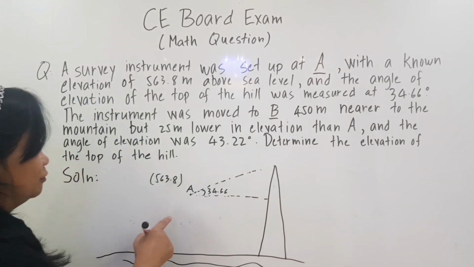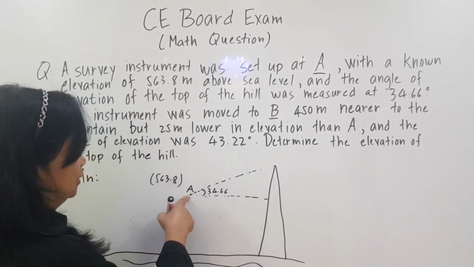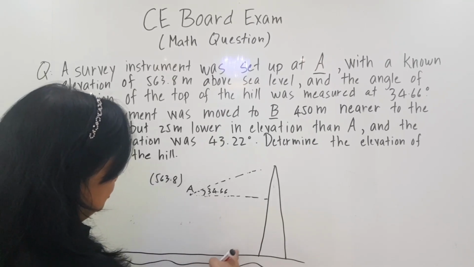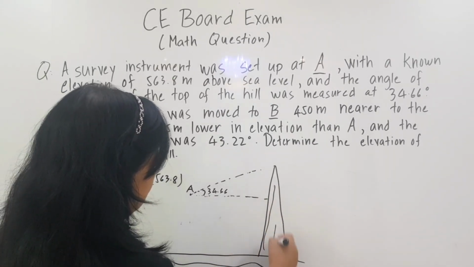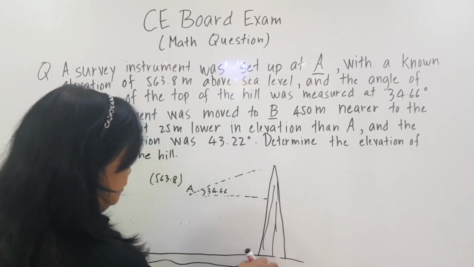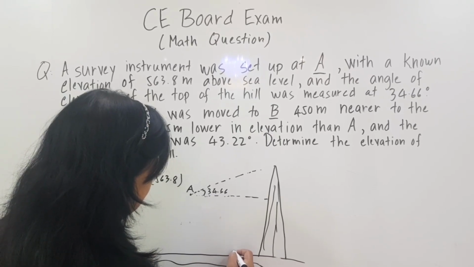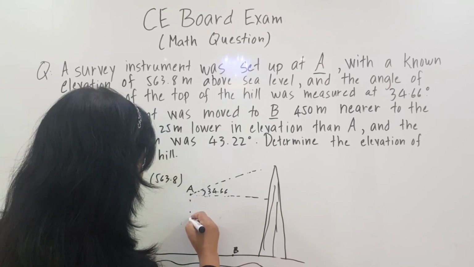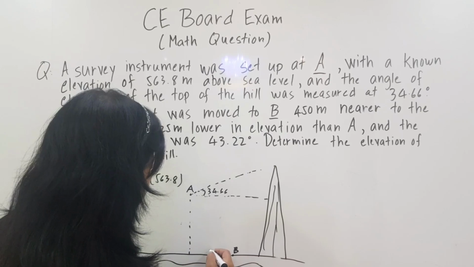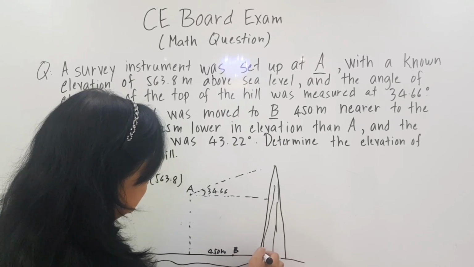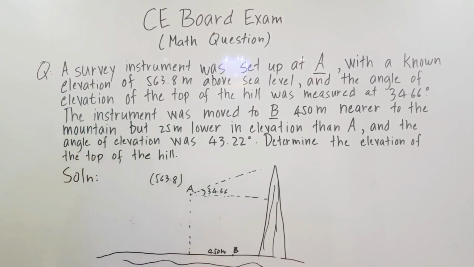Now the instrument was moved. Originally the instrument is here, and it was moved to B, 450 meters nearer, so it will be nearer to the hill. If this is B, this is 450 meters, and it is nearer to the hill and lower in elevation.